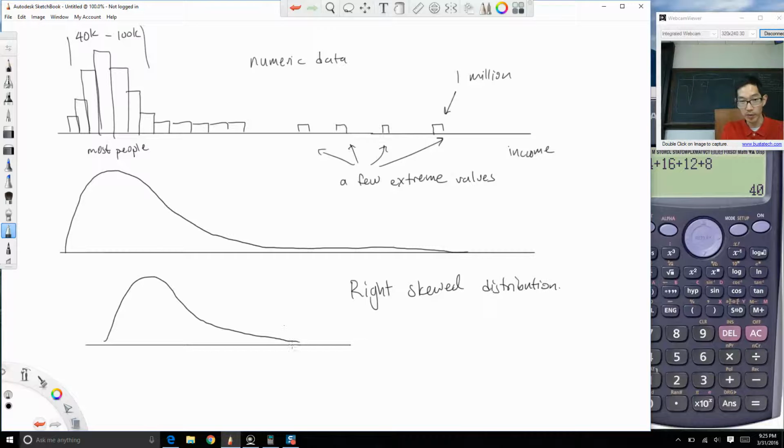Okay, and if you need help remembering this, just imagine stabbing some meat with the shape of this thing. Okay, so which side would you use as the skewer? You would use the right side. Okay, so this is right skewed, and this means you have a few extreme values way higher and none that are way lower.